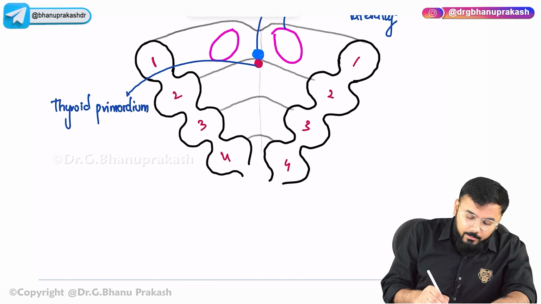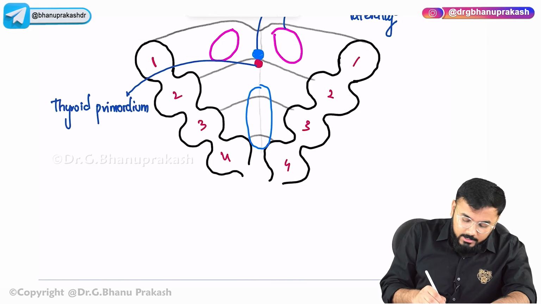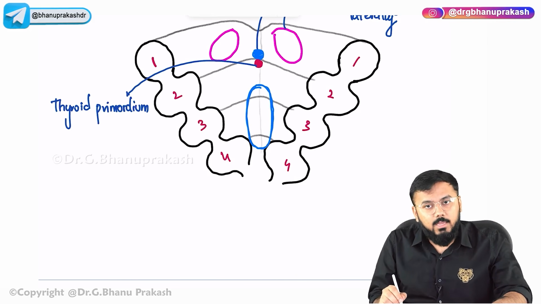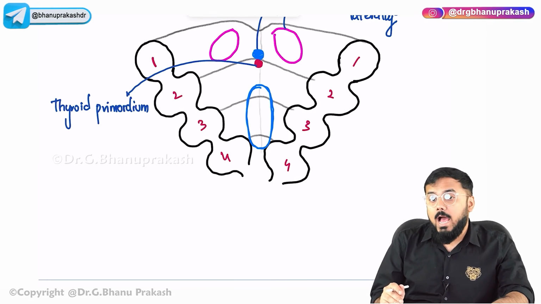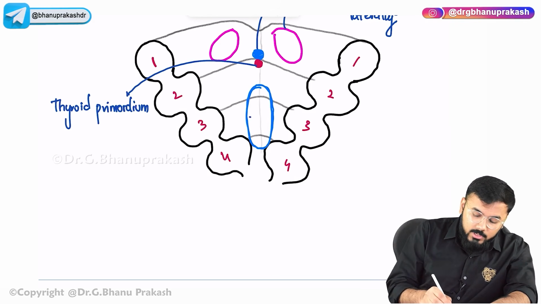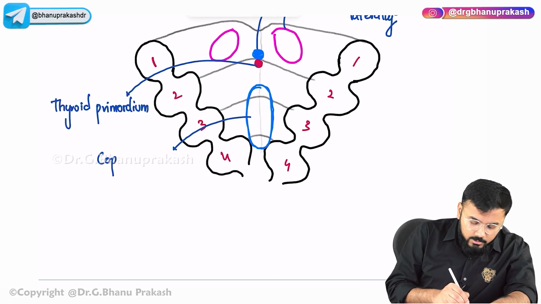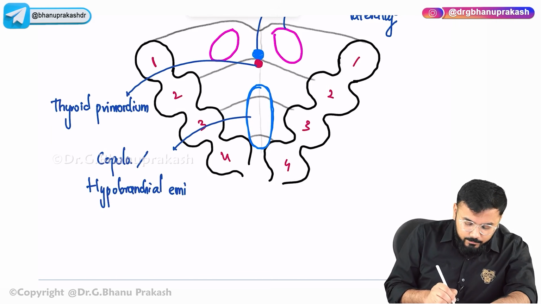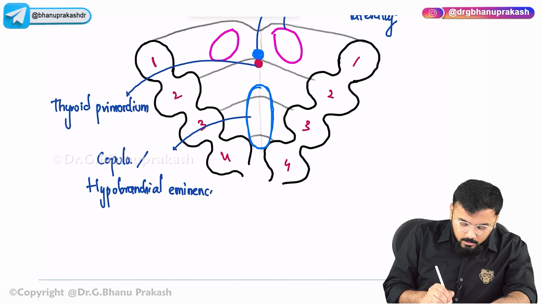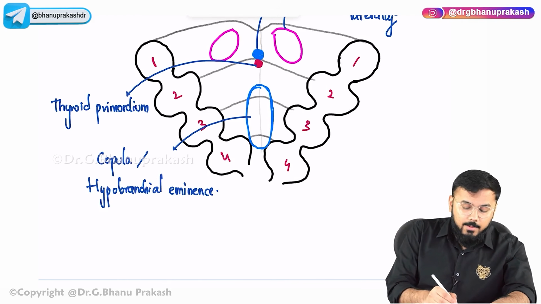Just beneath the thyroid primordium, covering your second, third and fourth arch, mainly the third and fourth arch, you see a structure over here. This structure is called the copula, but the other name for it is hypobranchial eminence.